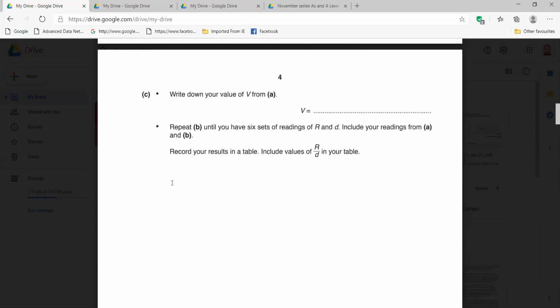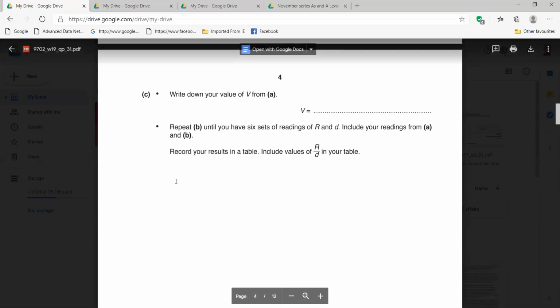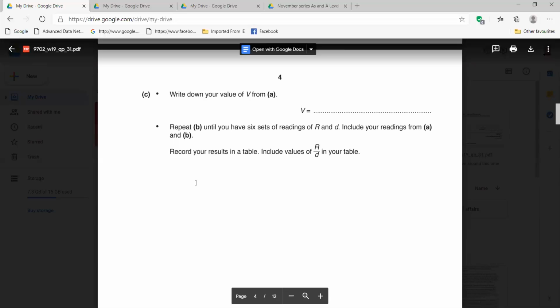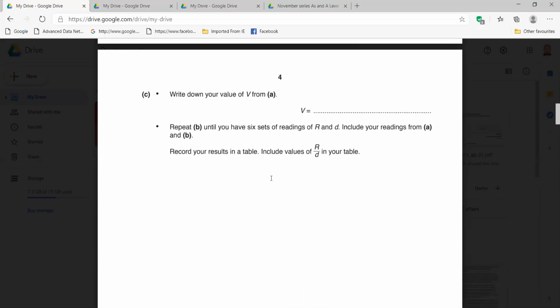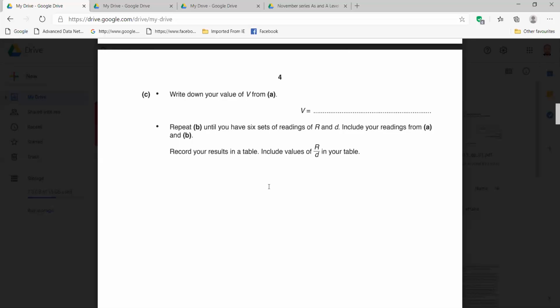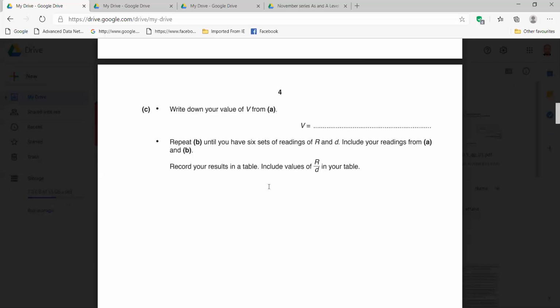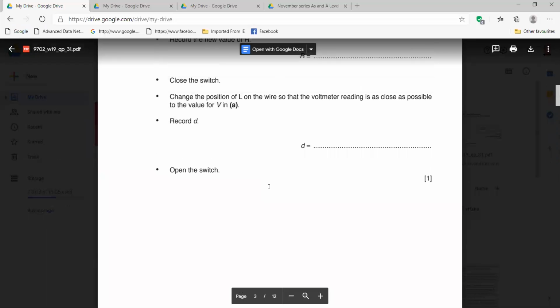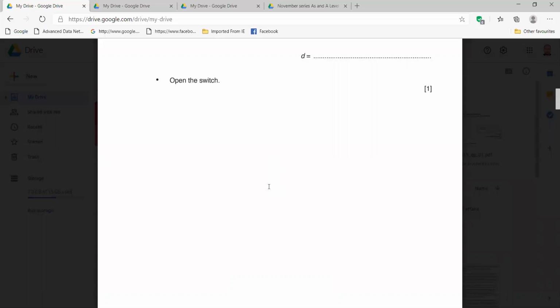So you have to make a table here, and in this table you will have three columns. One column is for R, another column is for D, and the third column will be for R by D. And for each of the quantities, for R you have to write ohm, for D you have to write centimeter, right? Here we are getting the distance in the meter rule, so it will be to the nearest millimeter.